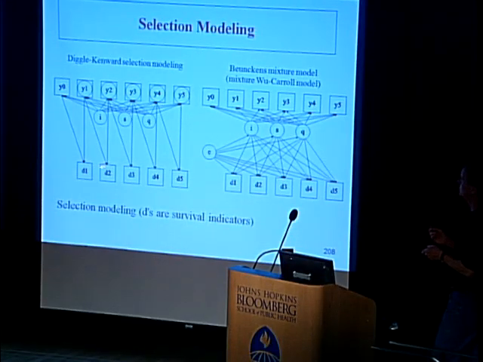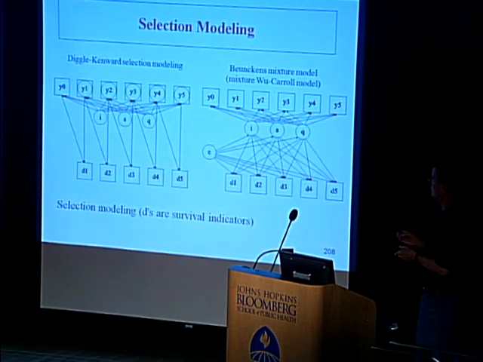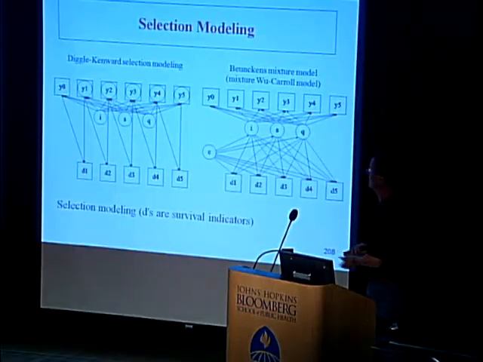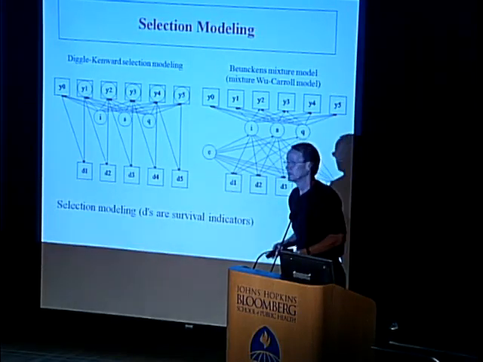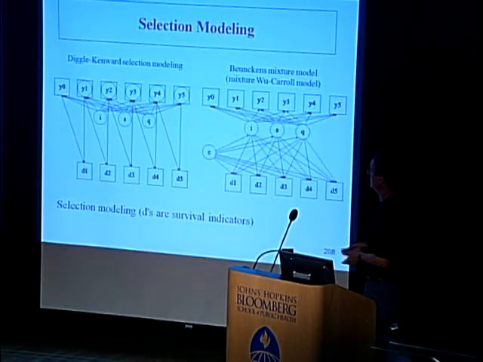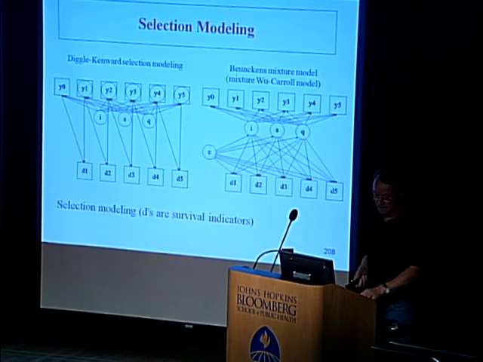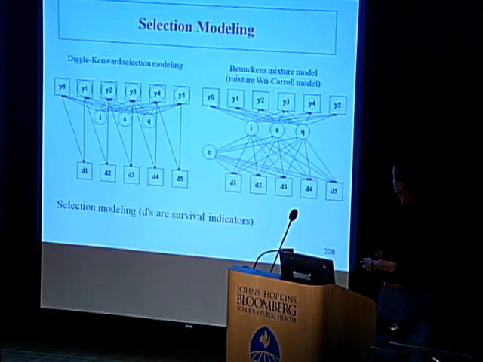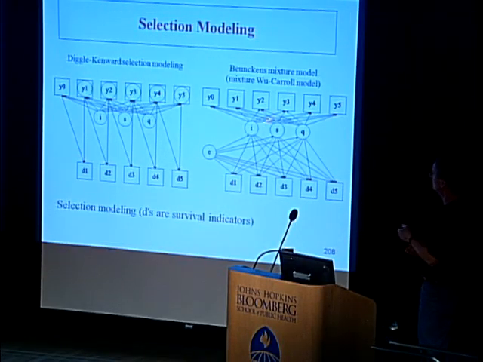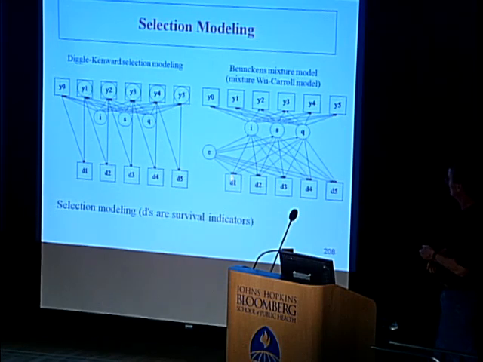And that's what you need to do Diggle-Kenward selection modeling. So that means that the risk set is those who haven't dropped out before. They are considered as the risk set for dropping out thereafter. Well, I should say also on the right is a more recent 2008 variation on this theme, where the dropout is a function not of y, but of the growth.